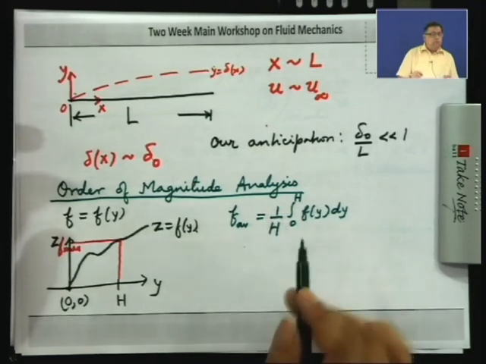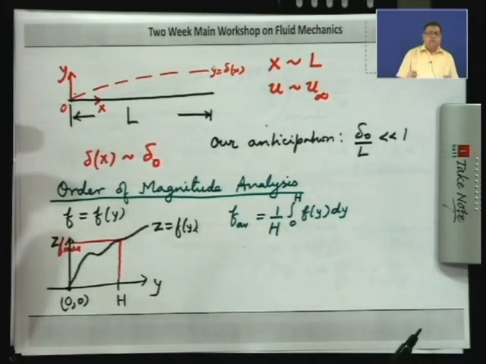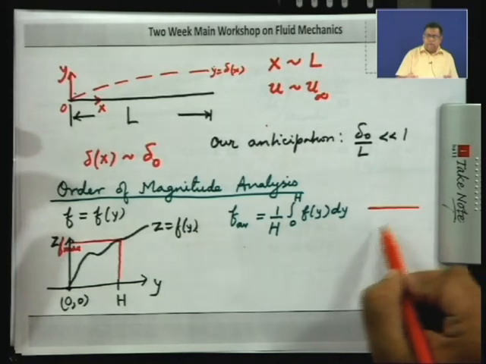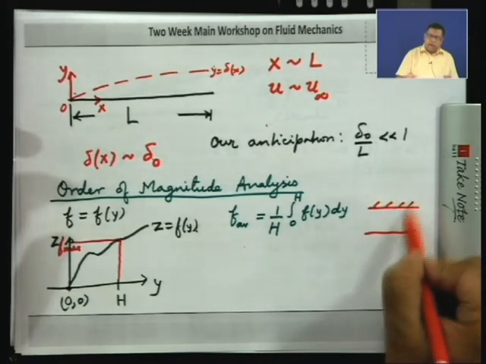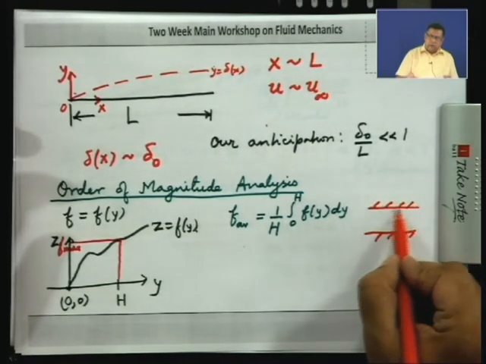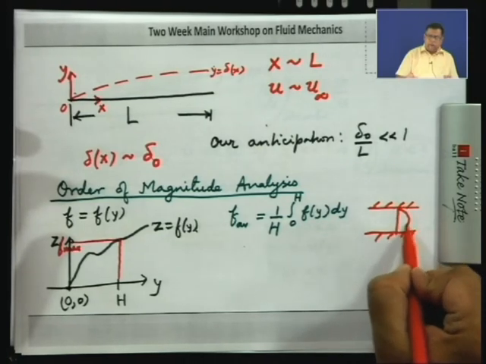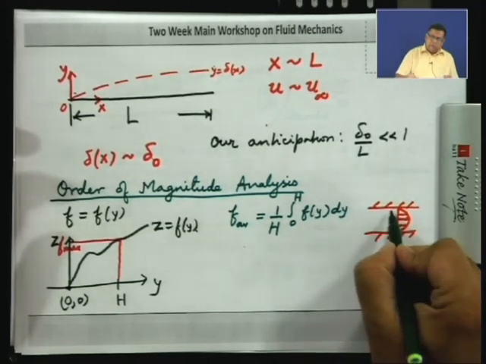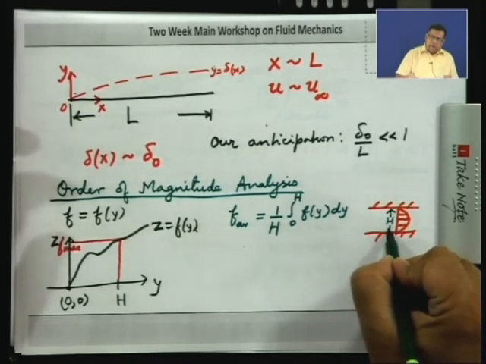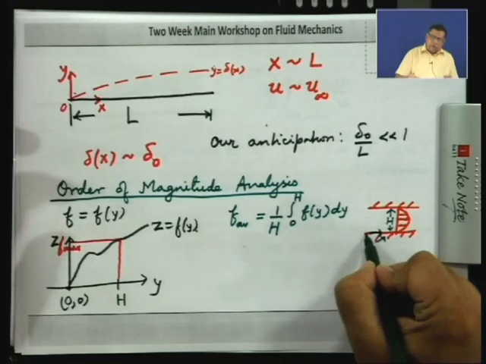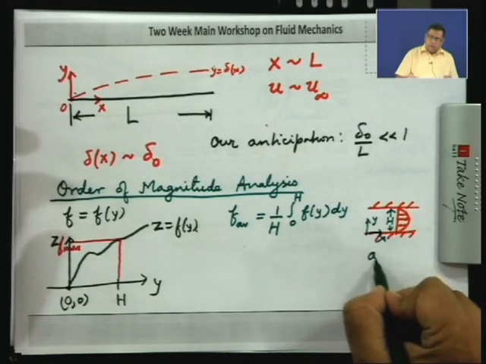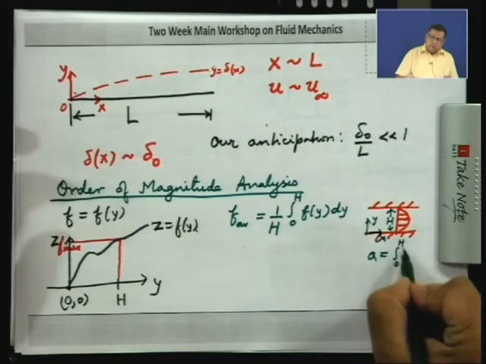And this is exactly what we do if you want to find, say, the average velocity in a duct. So, this is the example I gave you yesterday. If you have flow between two parallel plates, and if it is fully developed, you know you have a parabolic profile. Now, if I say this distance is h, and if I put the origin at the bottom plate, then the volume flow rate you know is integral 0 to h u dy.